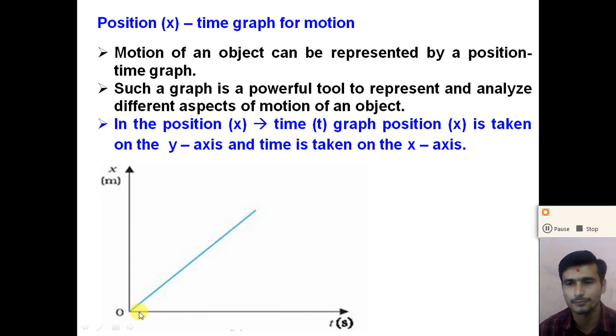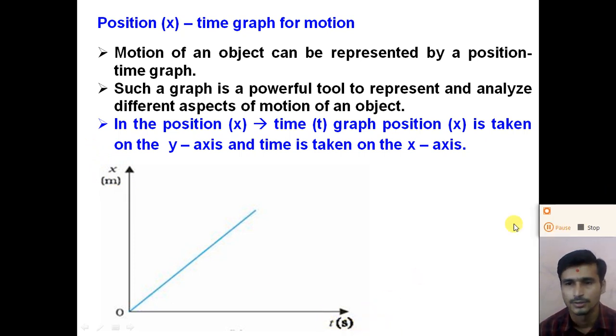For different values of the time, we take the position of the object and draw a graph. It is the position time graph, or we can say the x-t graph for the motion. So understand how we can draw a position time graph: position on the y-axis and time on the x-axis.